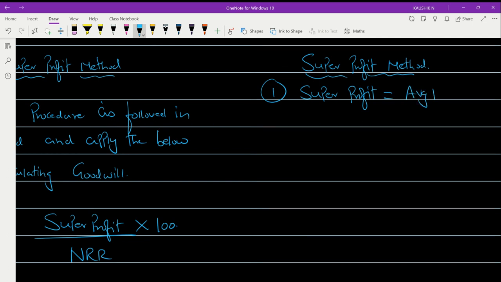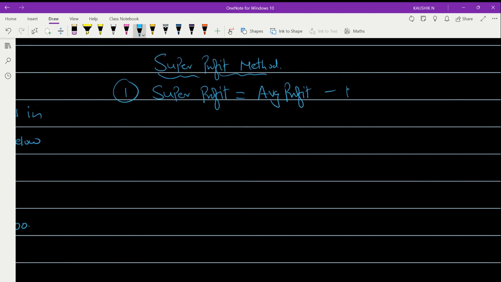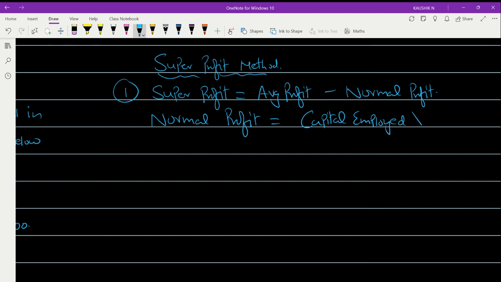Applying this formula: average profit minus normal profit. If normal profit is not there, use this formula: normal profit is equal to your capital employed into NRR by 100.